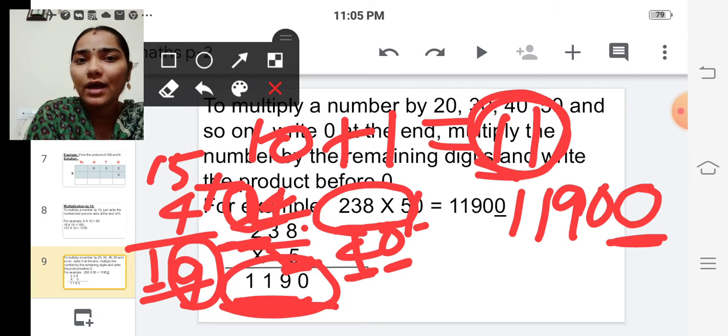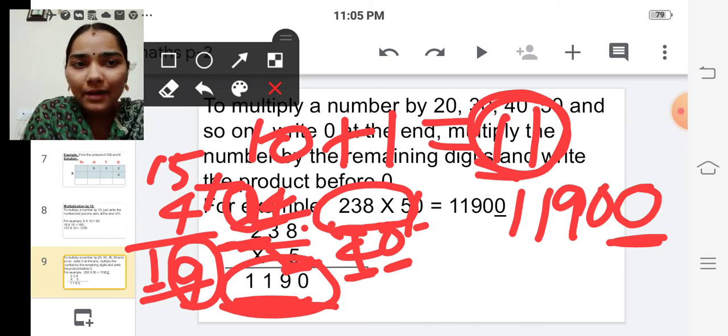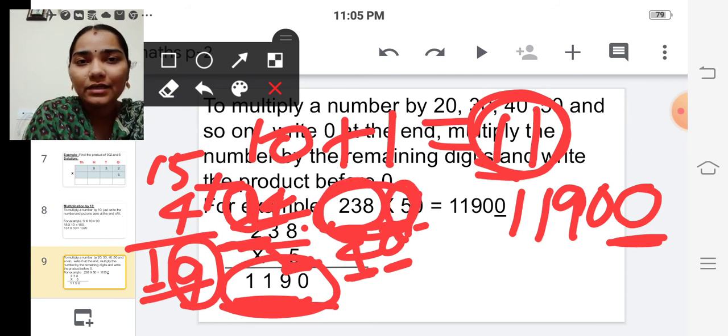We have to write 0 at the end and then multiply the number by the remaining digits. Okay, and then write the answer before this 0. Is it clear, children? Yes.